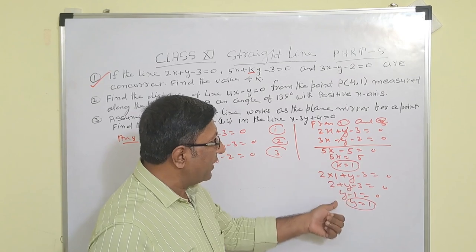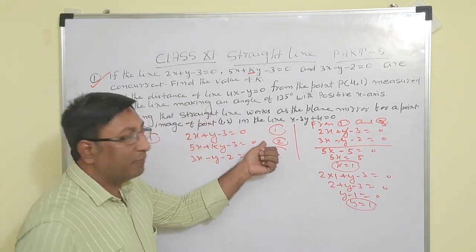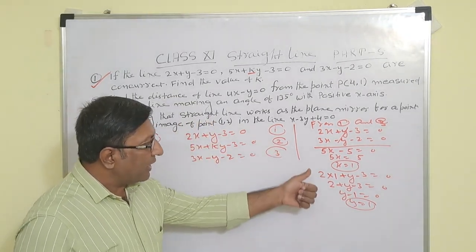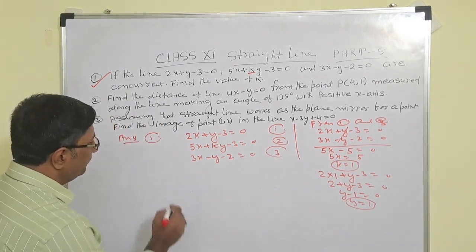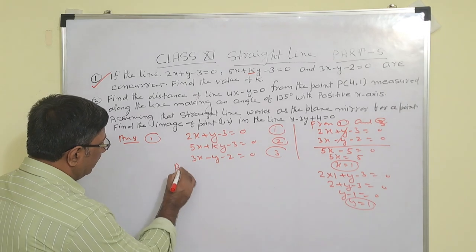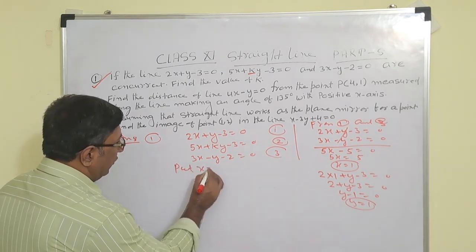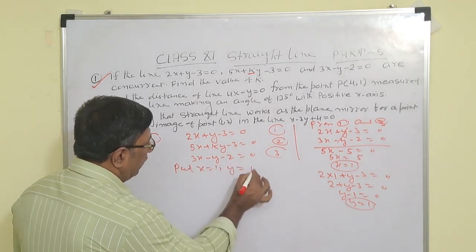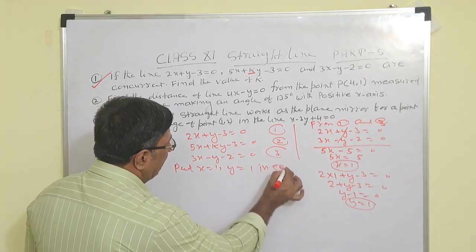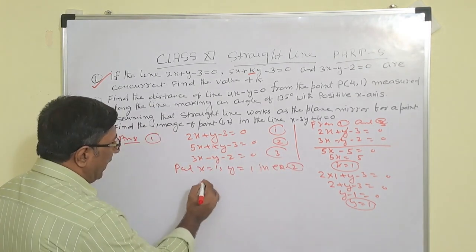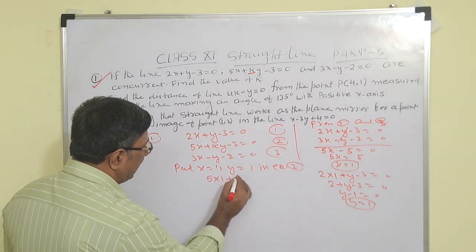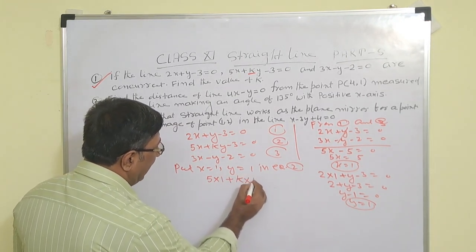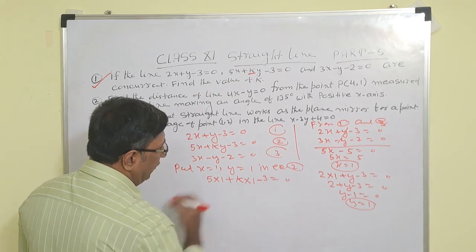Now this point will satisfy equation number 2 also. So put x equal to 1 and y equal to 1 in equation number 2: 5 multiplied by 1 plus k multiplied by 1 minus 3 equal to 0.